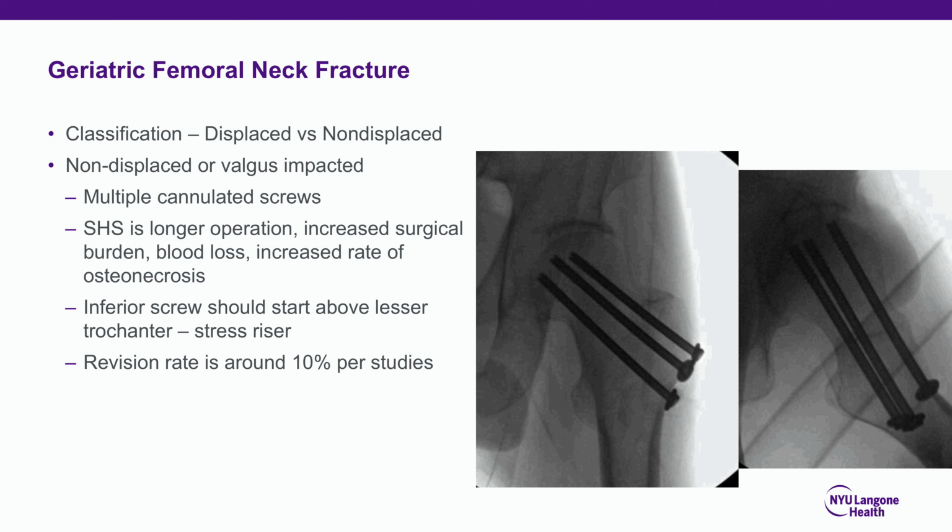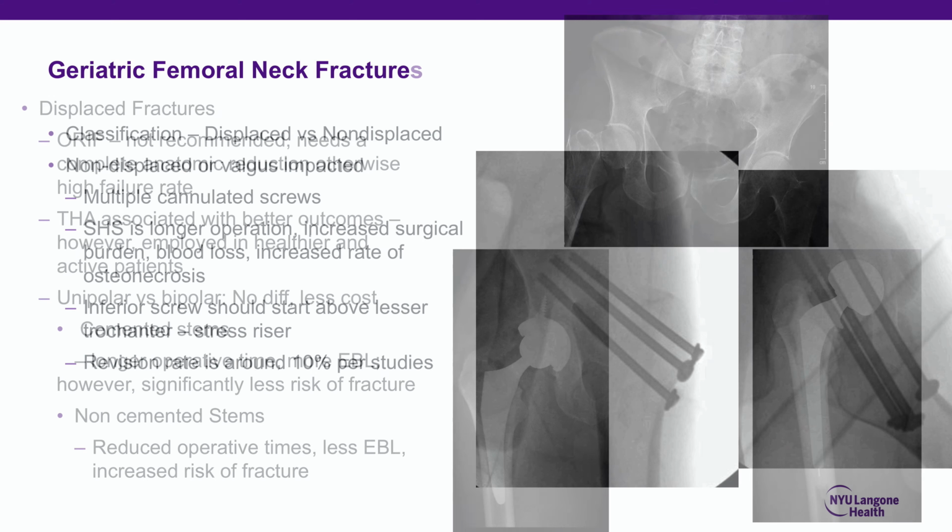A technical question that is often asked is the starting point for the inferior screw in an inverted triangle configuration. It is important that it does not start below the lesser trochanter, as this can lead to a stress riser that leads to a subtrochanteric femur fracture.